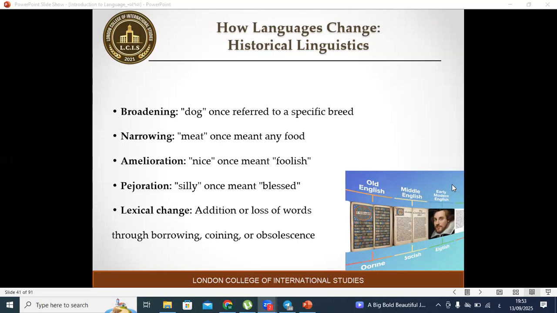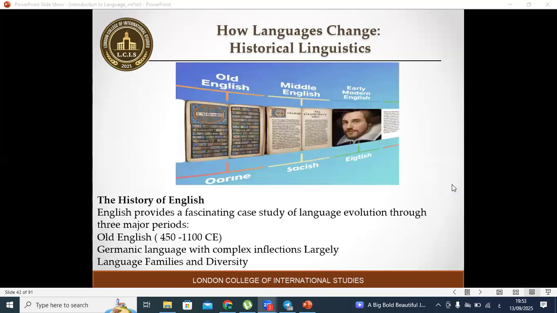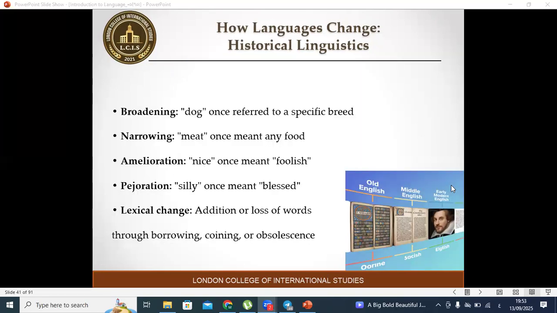Lexical change: addition or loss of words through borrowing, coining, or absence. Of course, we have to know the meaning of every word we have here: broadening, narrowing, pejoration, lexical change, because we will find them in the exam, inshallah.